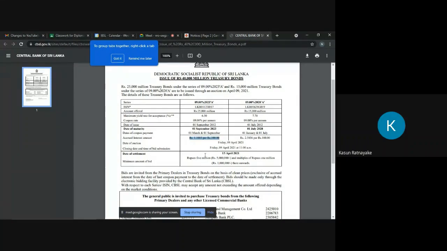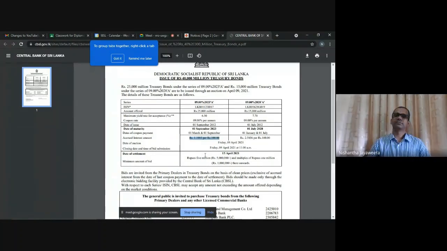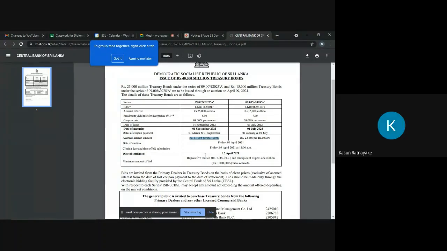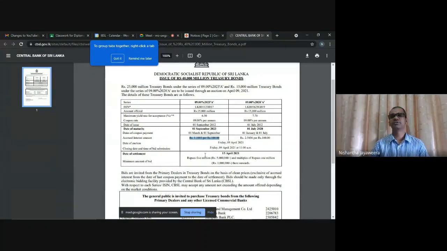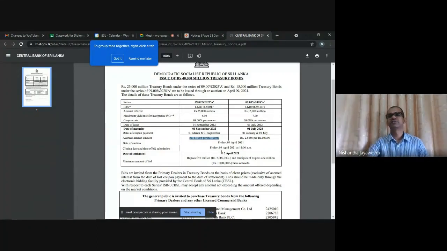So here the coupon rates are the same, that is 9%, and for the 2023 bond the acceptance rate is 6.3 and for 2028 it is 7.7. The variance is just because of the remaining maturity. The maturity is longer by 5 years than the 2023.